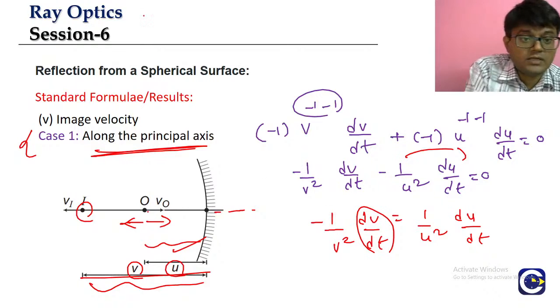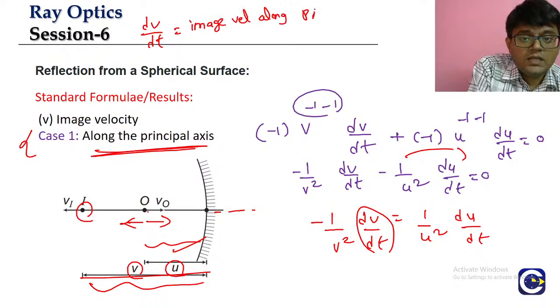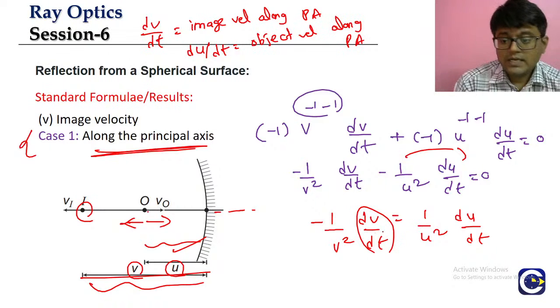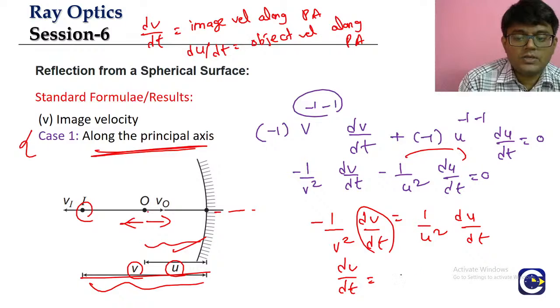What is dv by dt, guys? It represents the image velocity along the principal axis. du by dt represents the object velocity along the principal axis. Now dv by dt is equal to what? We will take the minus v square to the other side. It will go to the numerator.